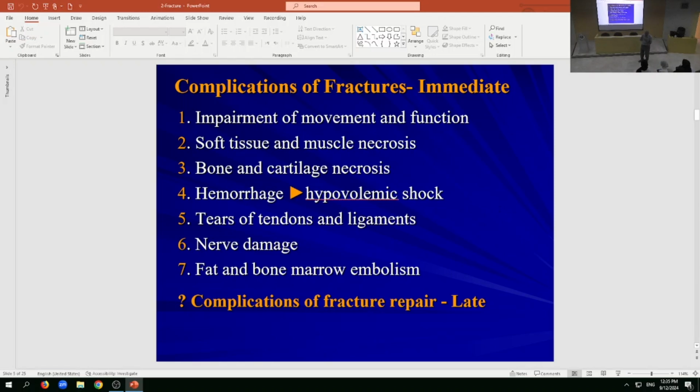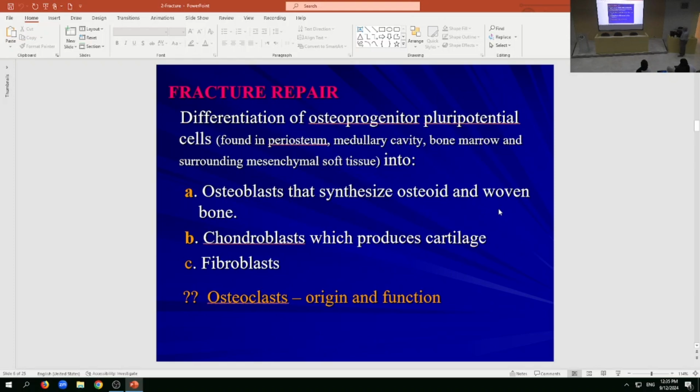They are not complications of the fracture itself, because in healing by primary intention, there is no late complication. It's only immediate ones. But I will mention them also in a minute, before I go into fracture repair, because there are cells involved here.